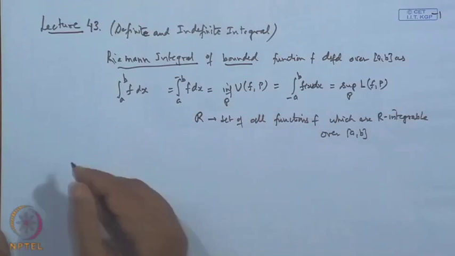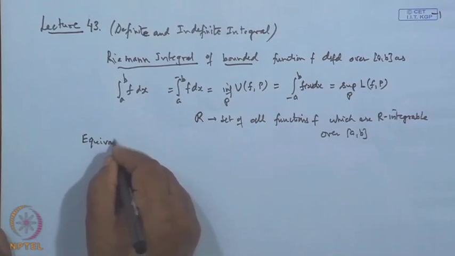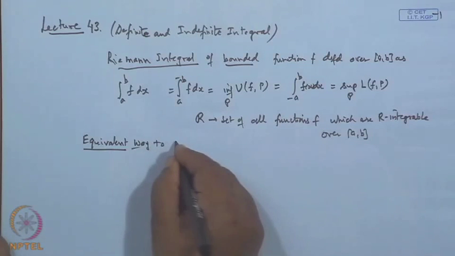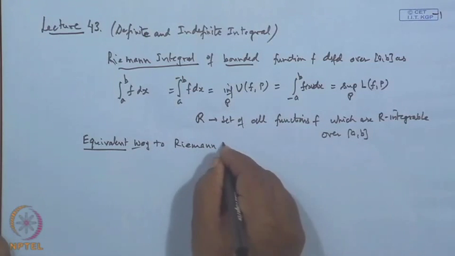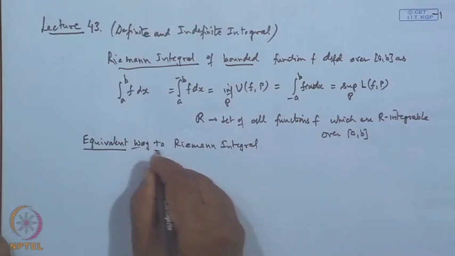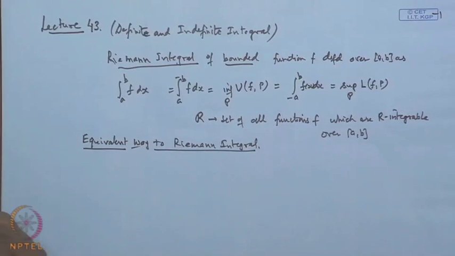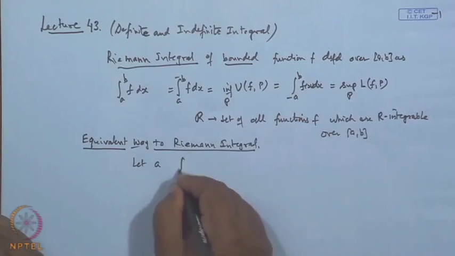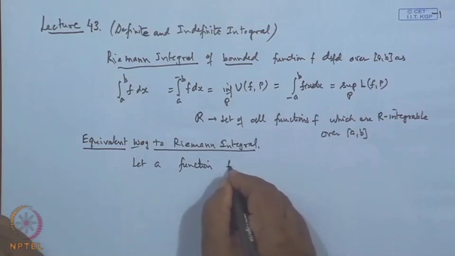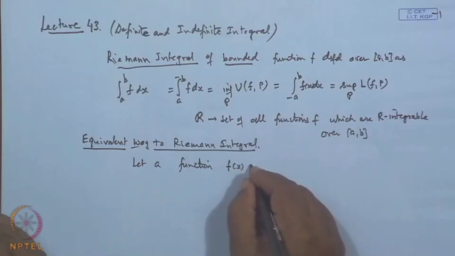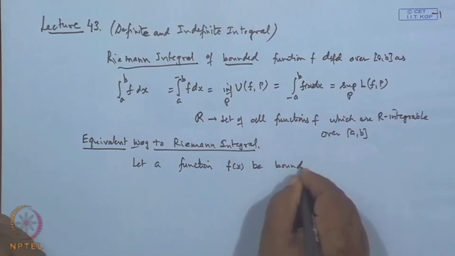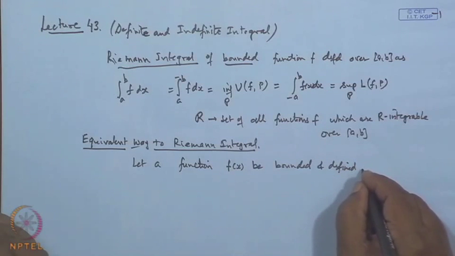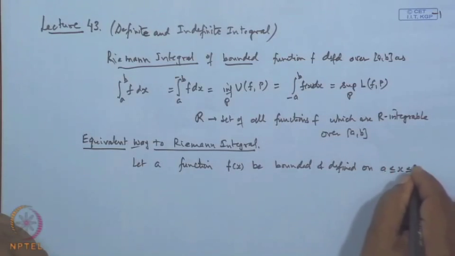Then an equivalent way of introducing the concept of Riemann integral is as follows. In a similar way, let a function f(x) be bounded and defined on the interval a less than x less than b.